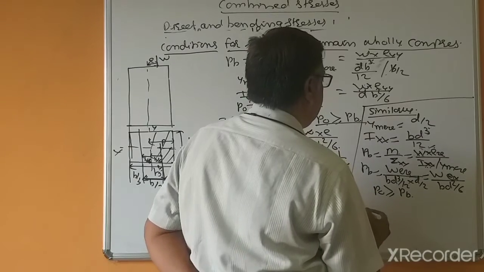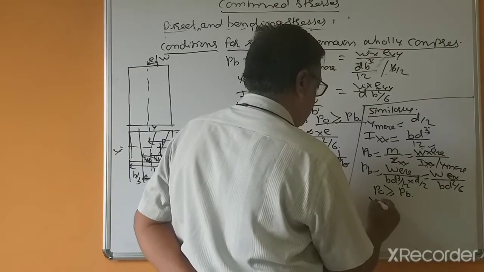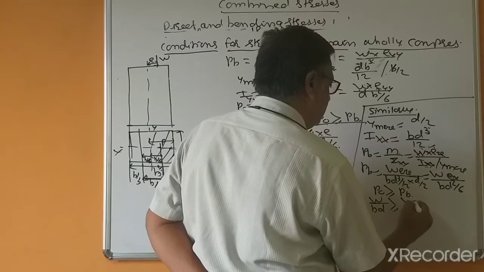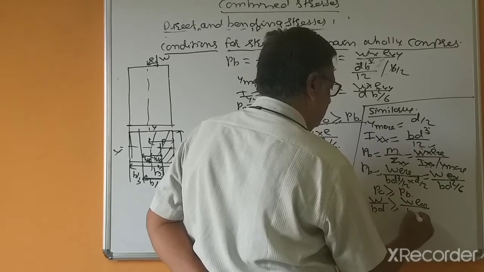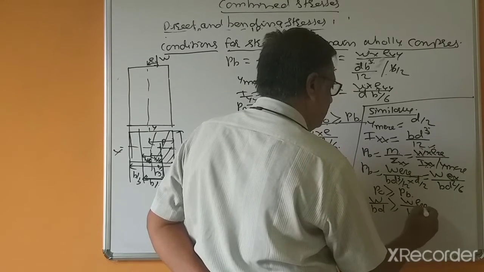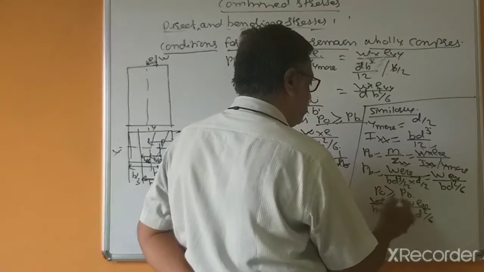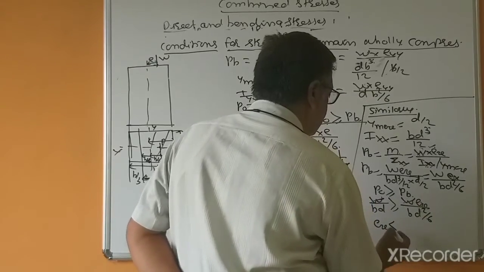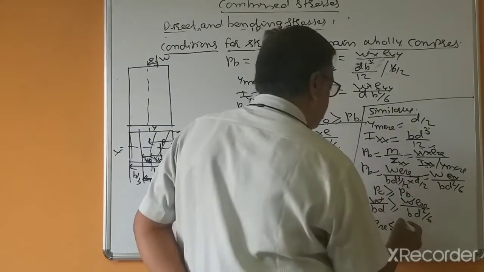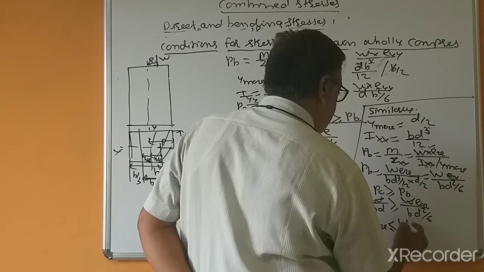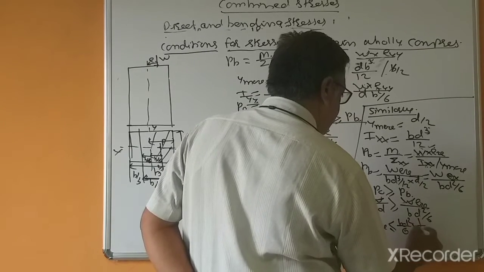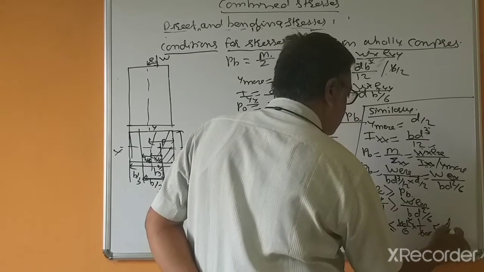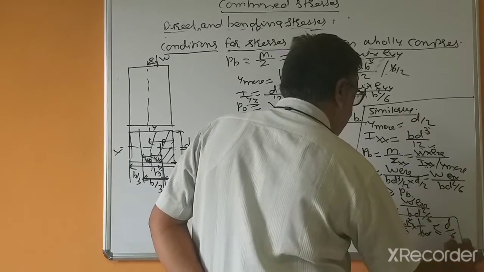So direct stress equals again W by BD, and this is W EX divided by BD squared by 6. So this W will get cancelled, and EX should be less than or equal to BD squared by 6 times 1 divided by BD. So this B and this will get cancelled. So this is again D by 6.